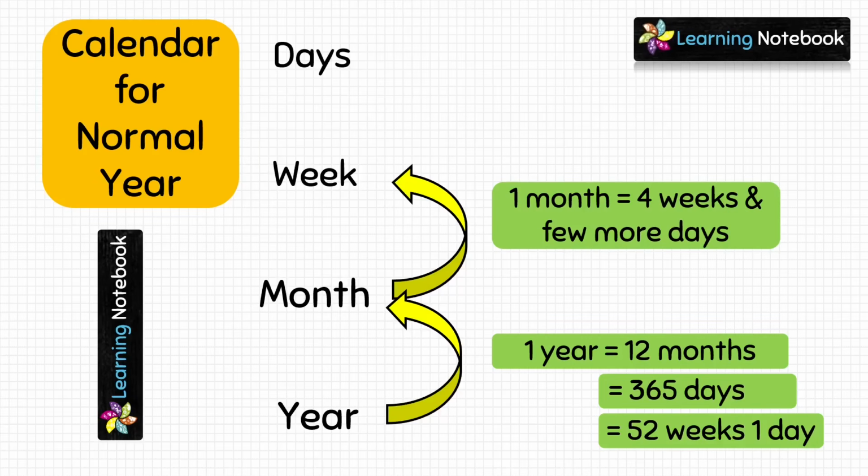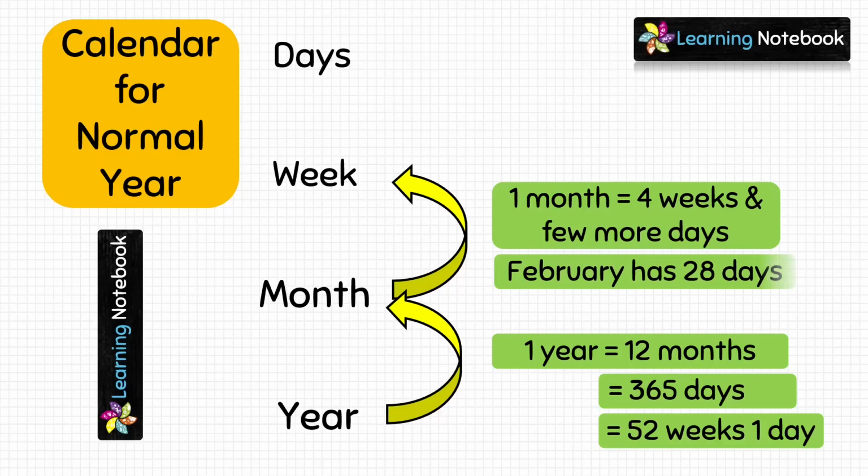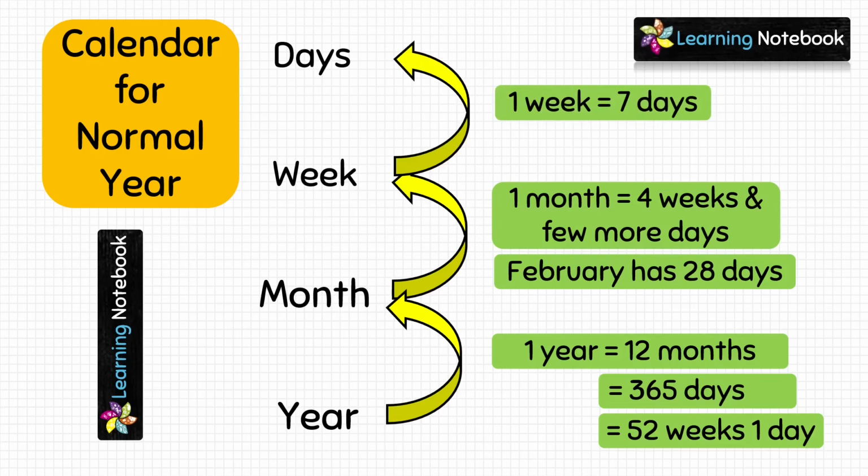And also note that in a normal year, February has 28 days. Next, 1 week equals 7 days. So these are the relationships between days, weeks, months and year.